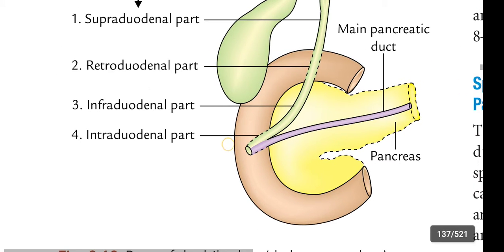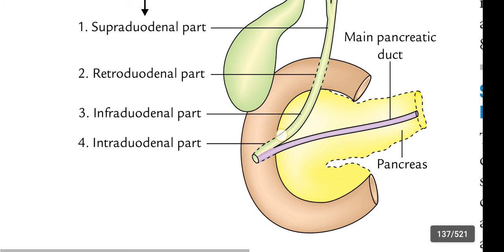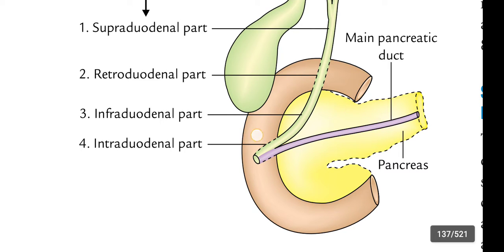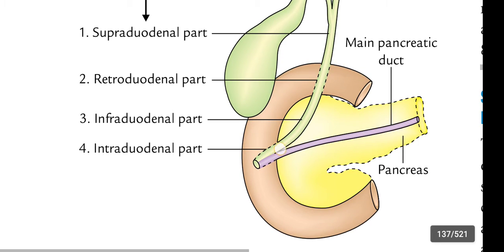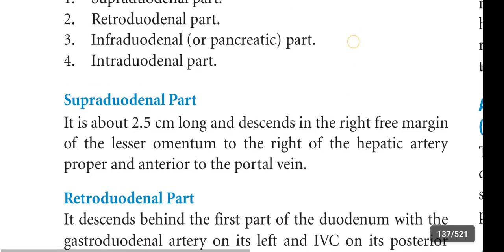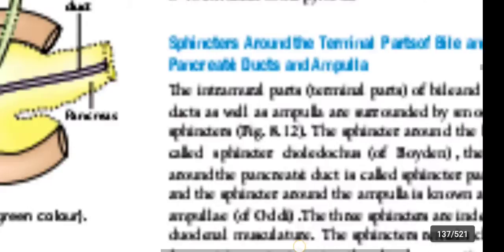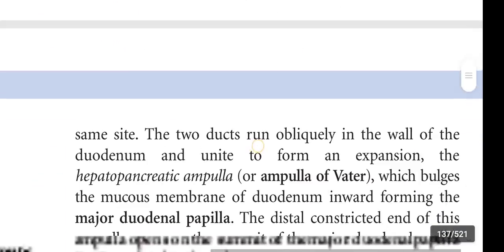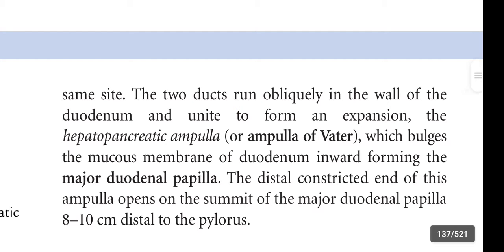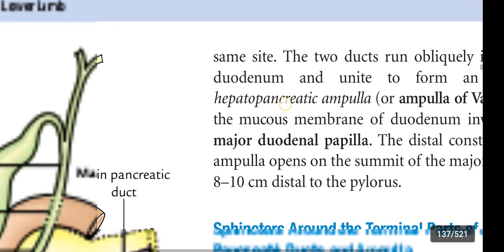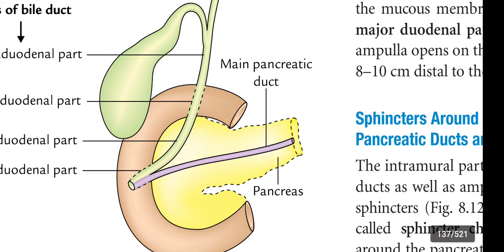This is the area just a little below the middle part of the second part of the duodenum, where both join. The main pancreatic duct also enters the wall of the duodenum at the same point. Two ducts run obliquely, which ones?